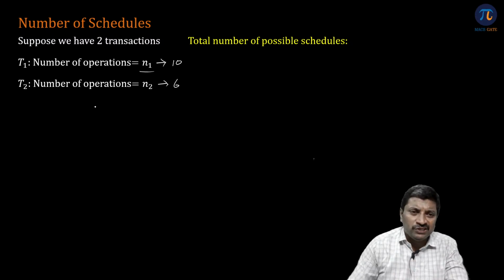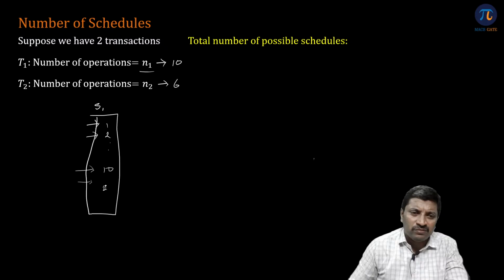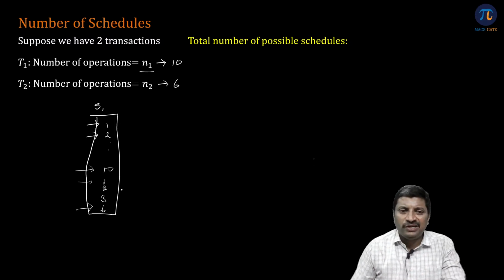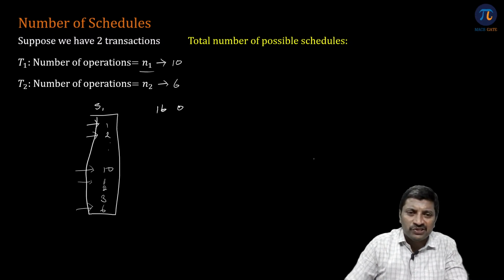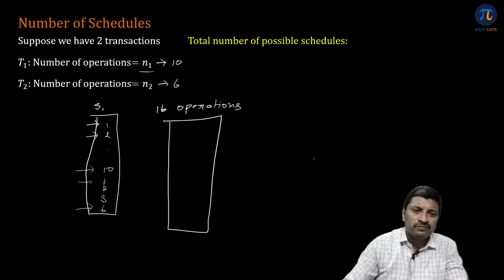Then the question is, in a schedule, how many lines will you have, sir? 1, 2, 3, and so on up to 10, followed by 1, 2, 3, and so on up to 6. So totally 16 operations. Right, sir? So totally 16 slots.